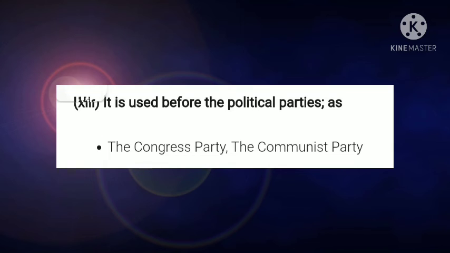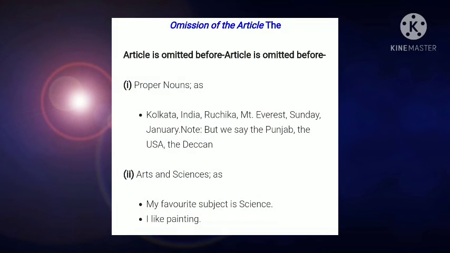And now let's see in which places we should not use these articles, that is, omission of the article the. In which places you will omit the article the has been denoted here. So the first one is proper noun.